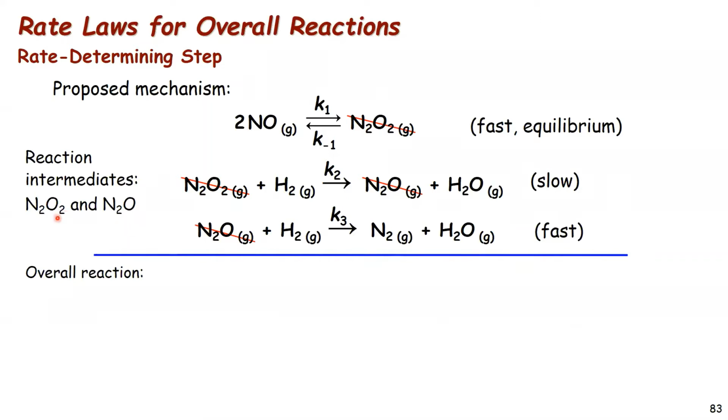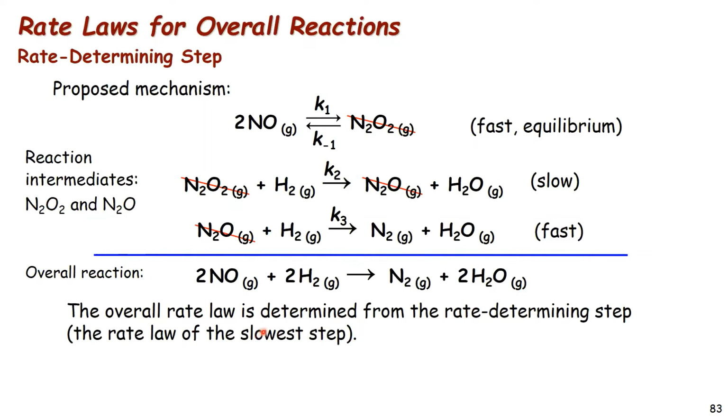So that means that the N2O2 and nitrous oxide are both reaction intermediates. And so the overall reaction then looks like this. We just bring down whatever's left, and that gives us the overall chemical reaction that we had seen before.